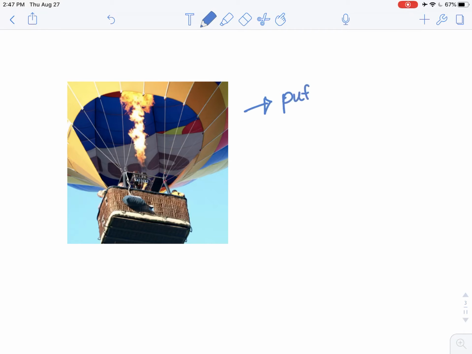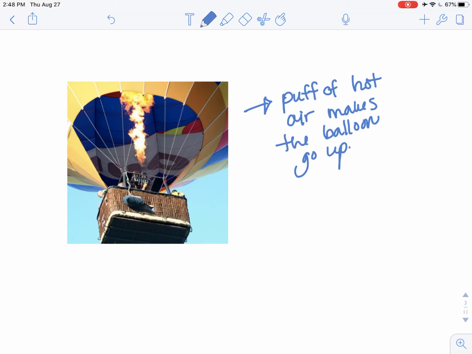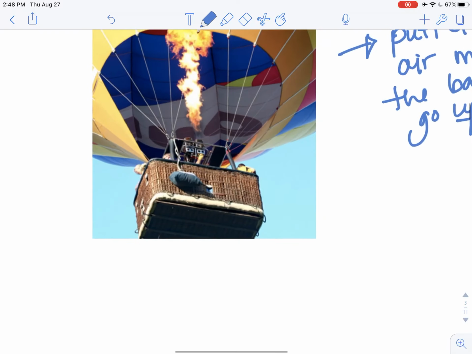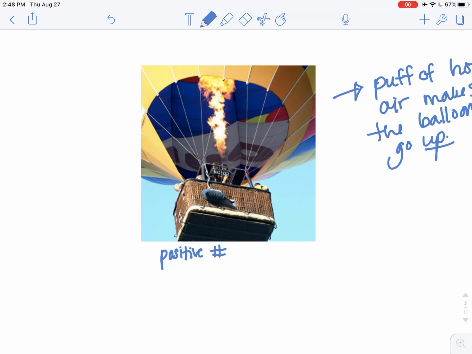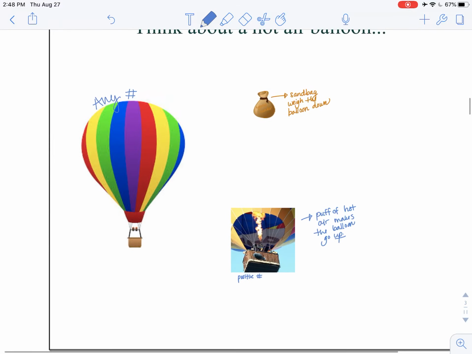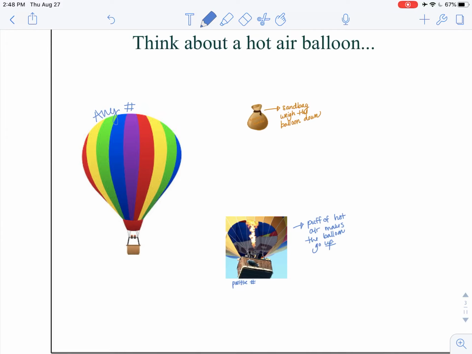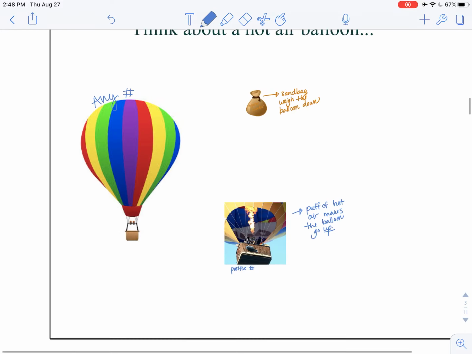And a puff of hot air makes the balloon go up. And if we're relating this to numbers, we can look at the puff of hot air as our positive number. Okay? Again, this is just to help you visualize adding and subtracting with positive and negative numbers.